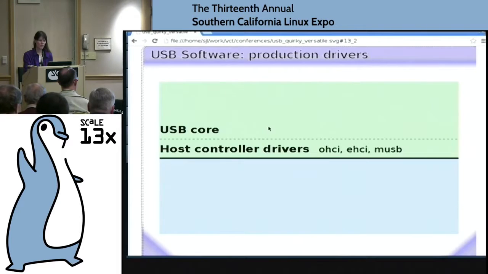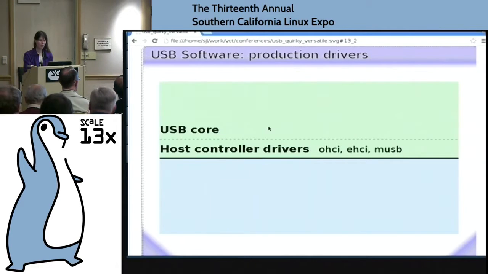Okay, USB core is kind of a glue layer that you, as a system designer, just the person responsible for the software, probably don't have to worry about too much, because usually the release kernels have the USB core behaving pretty well.